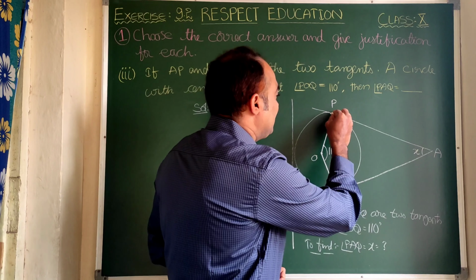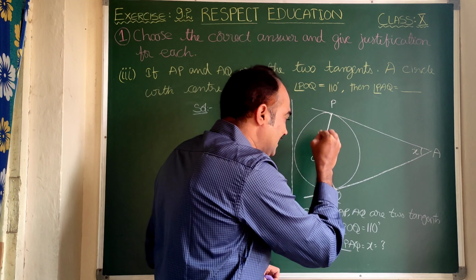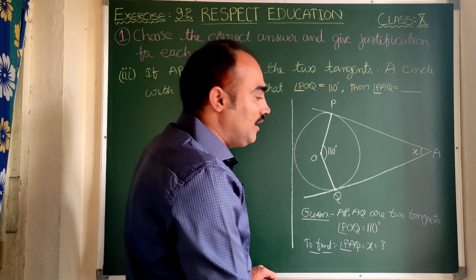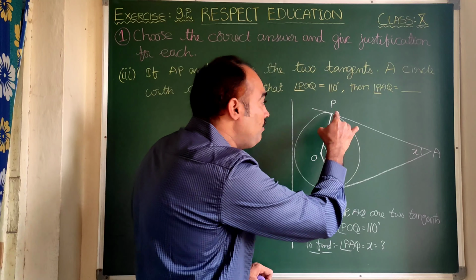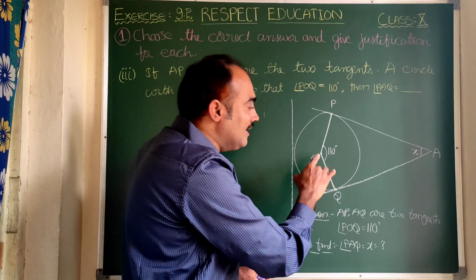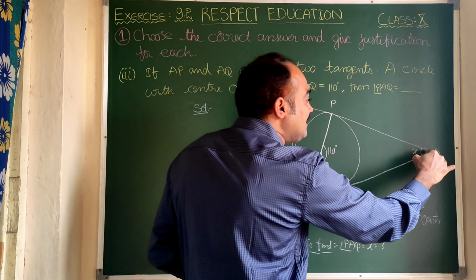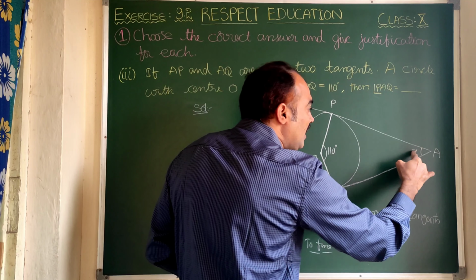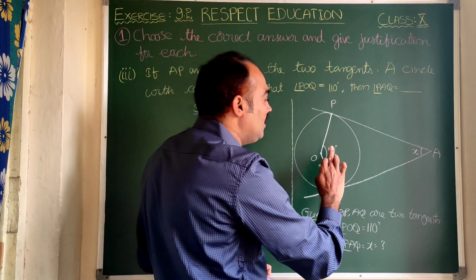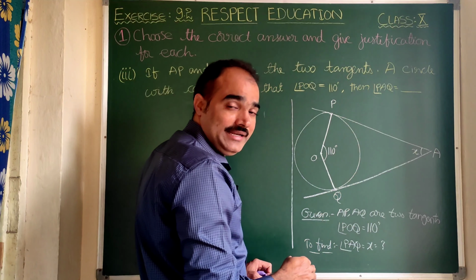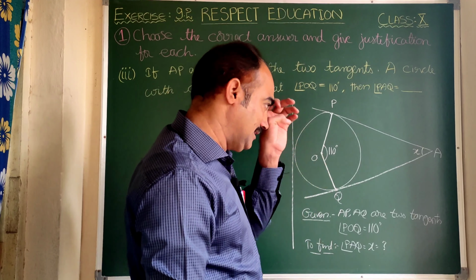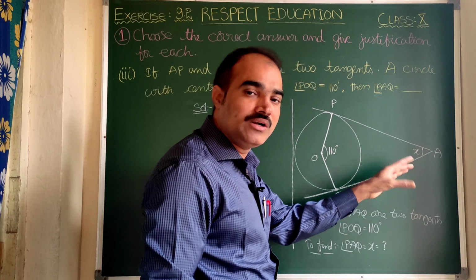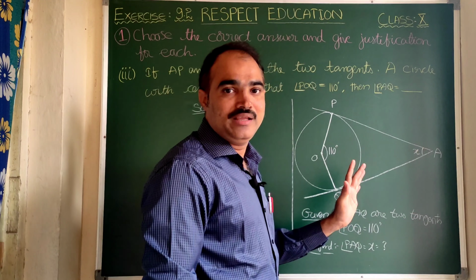Actually, see here, this is the point of contact P and this radius OP, and this is also point of contact Q and this is radius. Now this is the angle made by the points of contact at the center, and this is the angle made by the tangents. So these two angles are supplementary, so directly we can write that 110 plus x is equal to 180. Supplementary angles means sum of the angles is 180. So 110 plus x is equal to 180. From that you can find x is equal to 180 minus 110, that is 70.